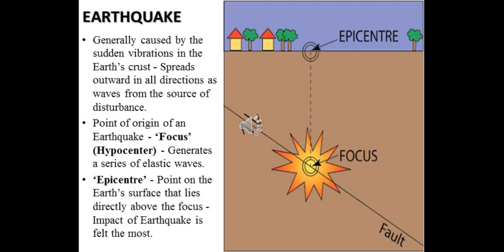The point of origin of an earthquake is called the focus or hypocenter. You can see this picture. In the focus, the earthquake originates, and the place where we feel it is called the epicenter. The focus generates a series of elastic waves, and the movement begins and reaches a point on the surface of the earth which is called the epicenter.